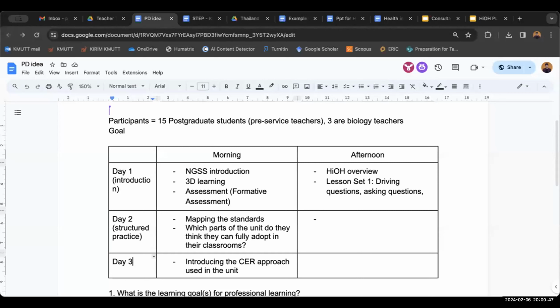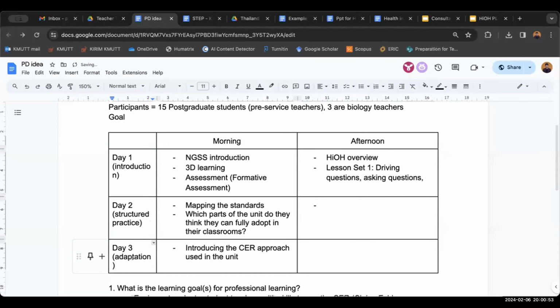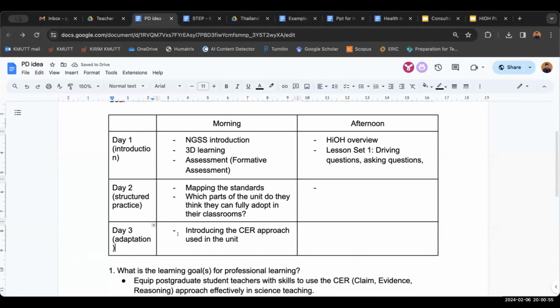And on day 3, it's something like an adaptation day, where they detach themselves a bit from the Helping Hands unit, but use the approach in there and think how they can apply the CER approach in their lessons. And then in the afternoon, it would be for them to design a lesson, a CER lesson.